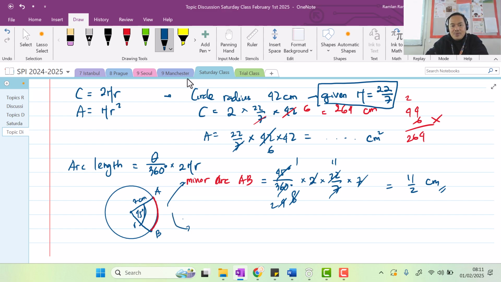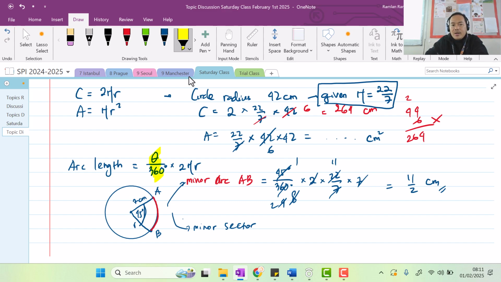Okay. So the next one is about, again, the minor sector. Previously, arc is the part of the circumference. If I say sector, it means it is about area. So if we're talking about area, sector is just the part of the area of the circle. So the formula is pretty similar to the arc length.